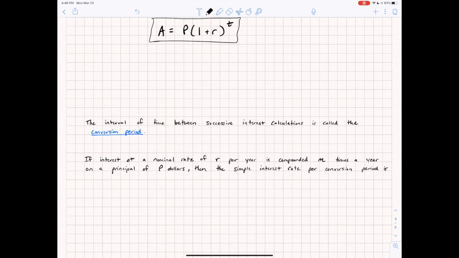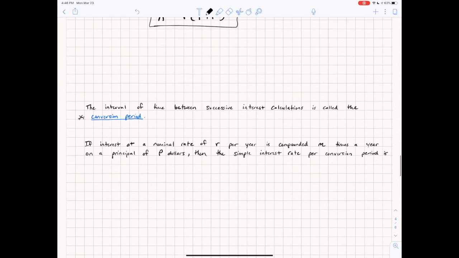That interval of time between successive interest calculations is called the conversion period. So beforehand it was annually. If you compound quarterly, then your conversion period would be 4. If you compound daily, then your conversion period would be 365.